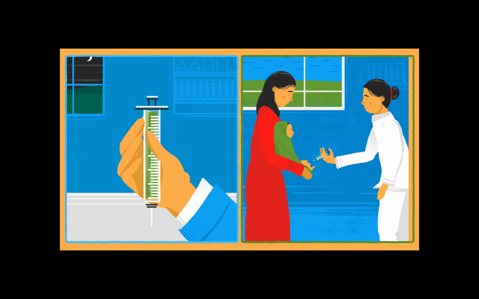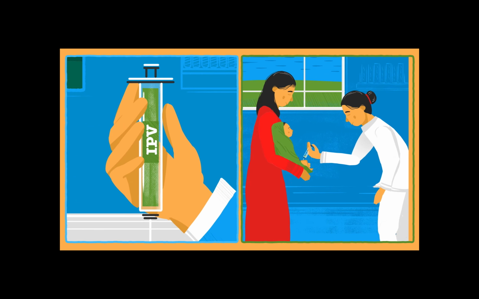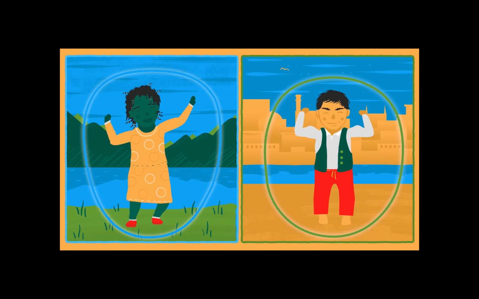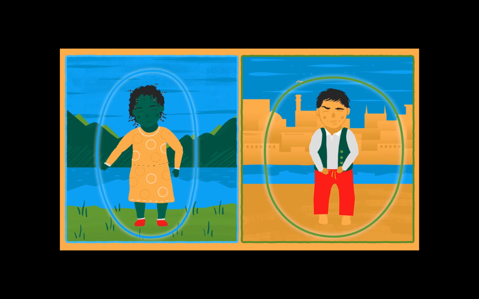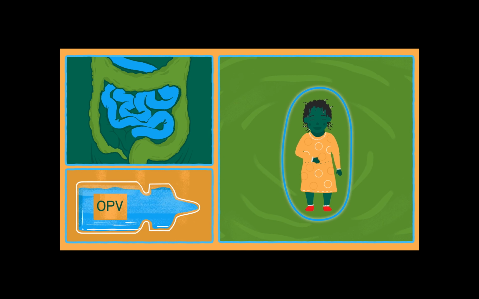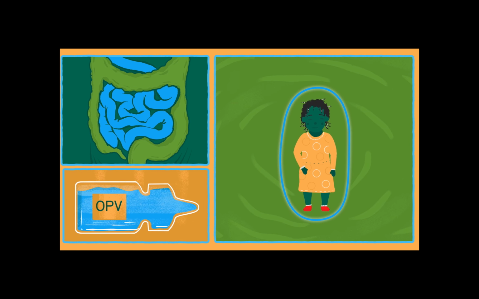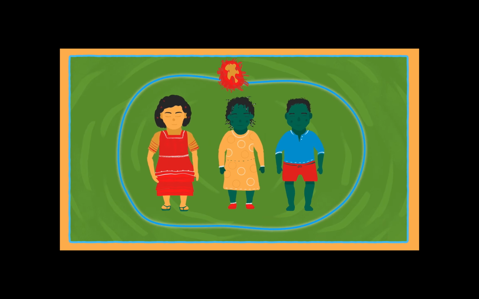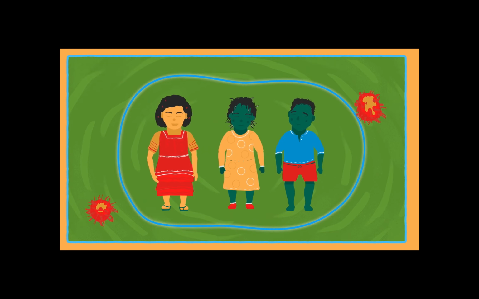The other is given with an injection. This is called the inactivated poliovirus vaccine. They both teach children's bodies how to fight off the polio virus, but they do this in different ways. The oral polio vaccine builds protection in the child's intestine. This vaccine not only protects the child who receives it, but also protects others around the vaccinated child.